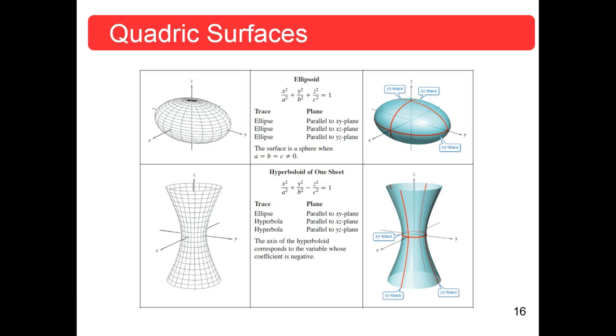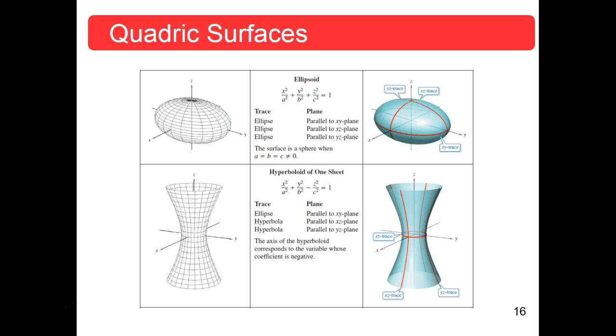Let's do one parallel to the XZ plane. You get an ellipse. They don't show these, but you do. Let's cut it this way, the YZ plane. You get an ellipse, ellipse, ellipse. Everything's an ellipse. Okay?